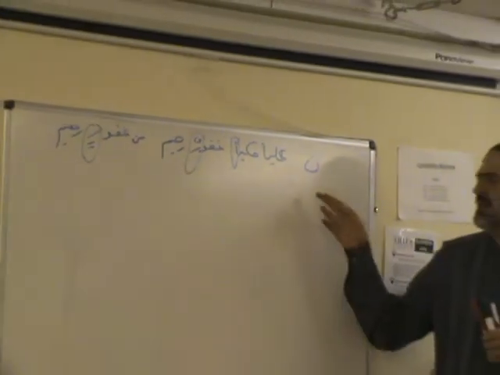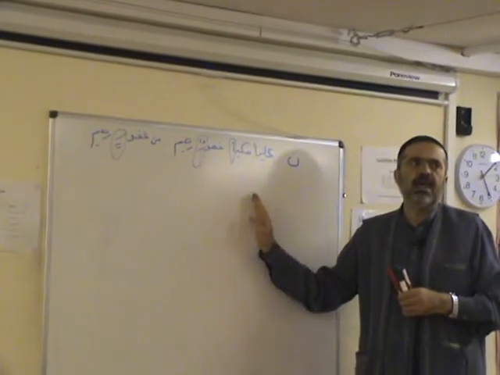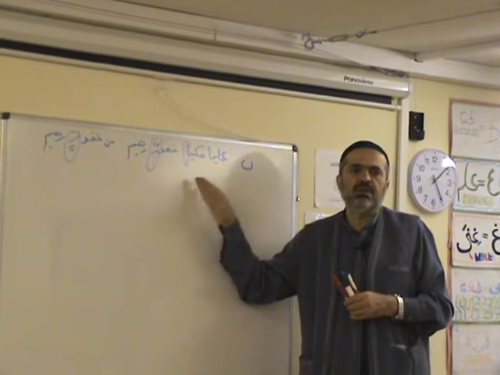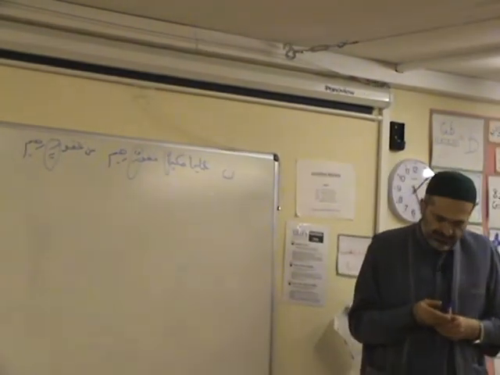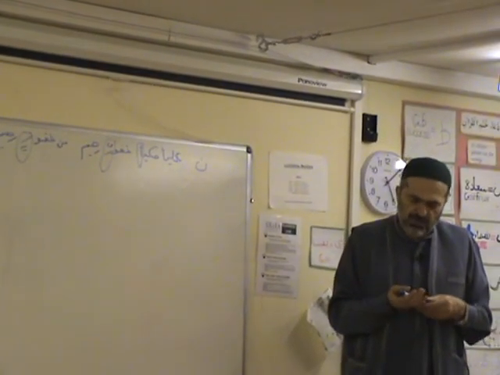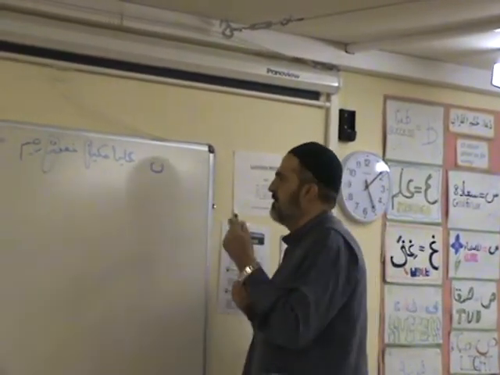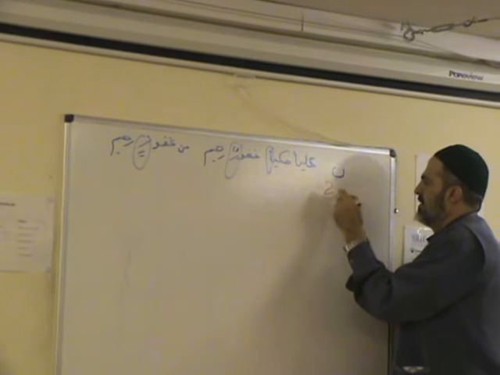The difference between the noon and tanween: noon may come in the middle or at the end, whereas tanween doesn't come in the middle, it only comes at the end of the word. Now, you have 28 letters in the Arabic language, roughly.